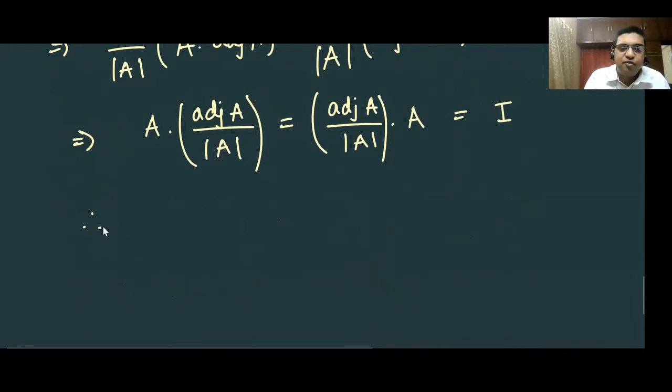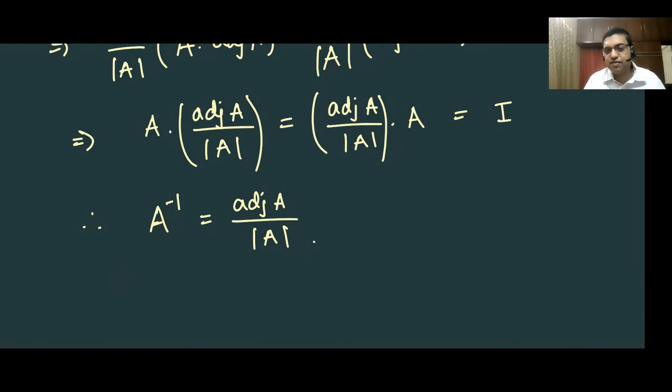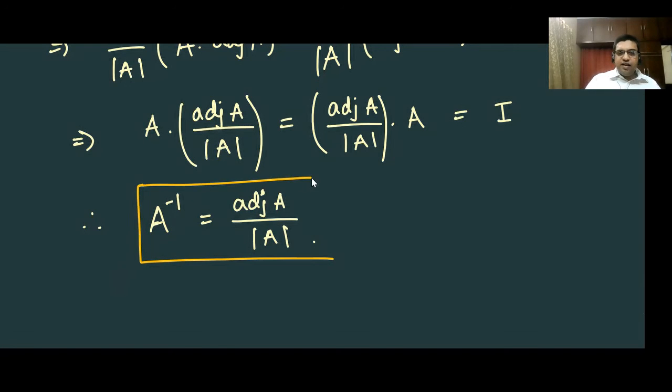Therefore, A inverse is adjoint A by determinant of A. A inverse is adjoint A by determinant of A. So this is how we get the inverse, and we have properties associated with inverse.